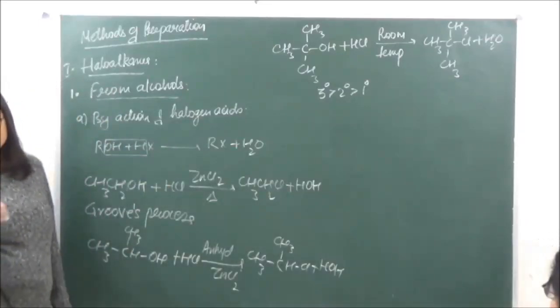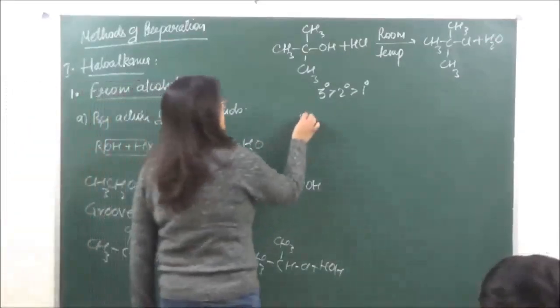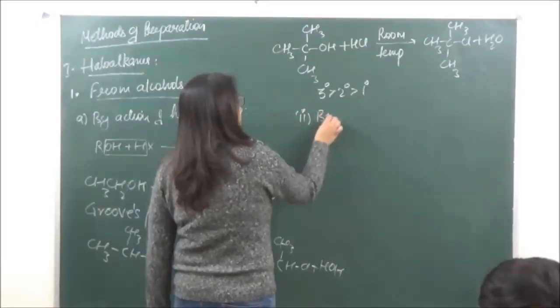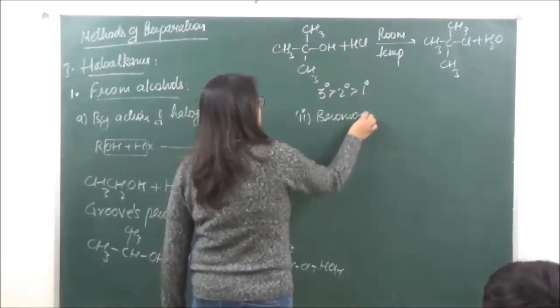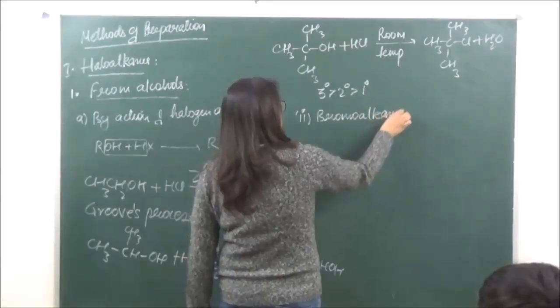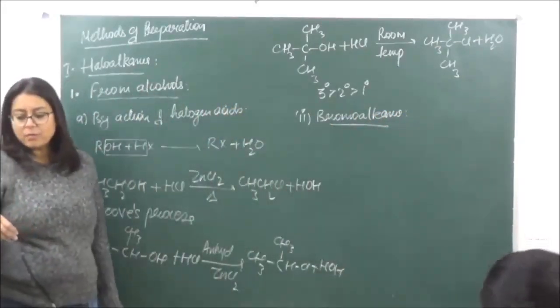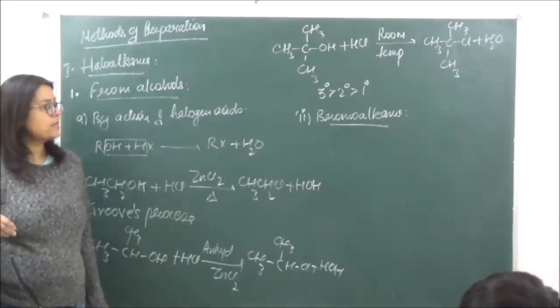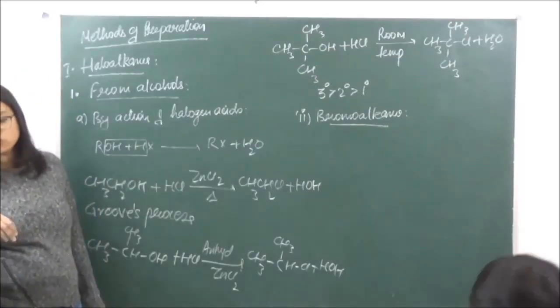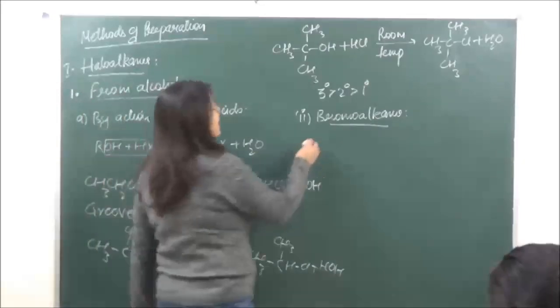Right? Now if we need to prepare bromoalkanes, how do we prepare bromoalkanes? Bromoalkanes are prepared by reacting with HBr in presence of concentrated H2SO4 and heating the reaction mixture.